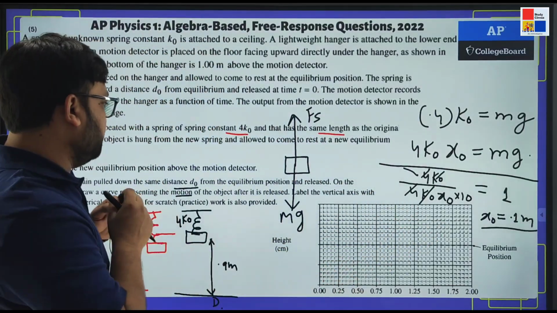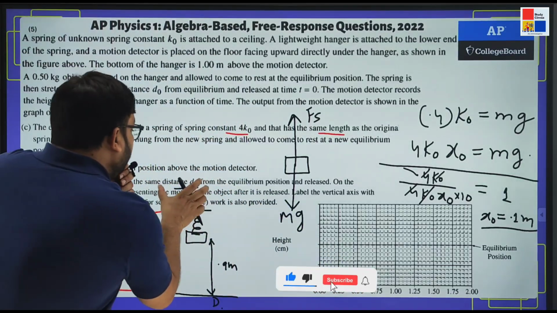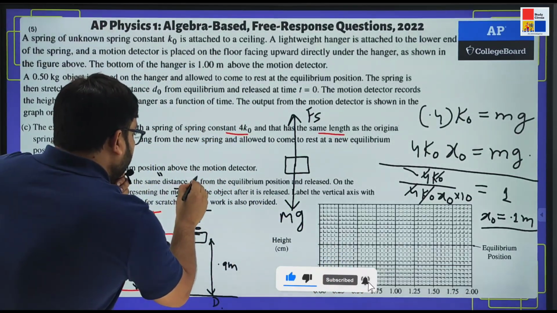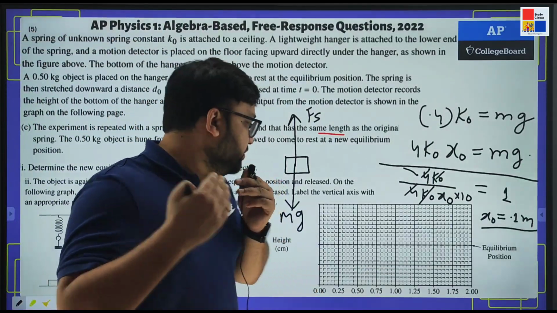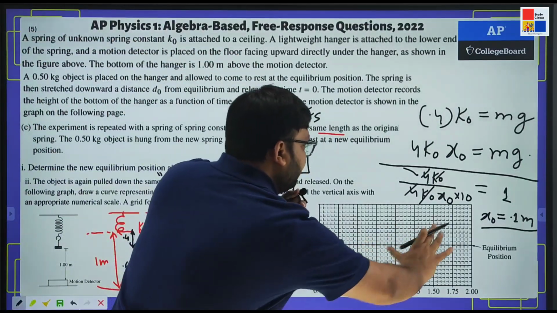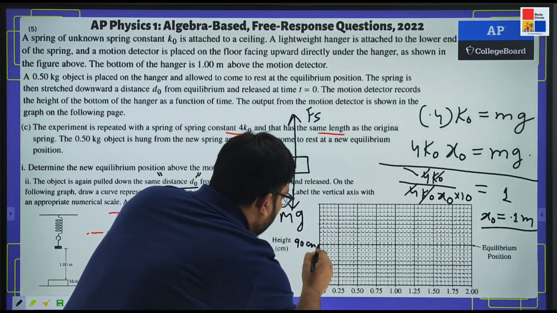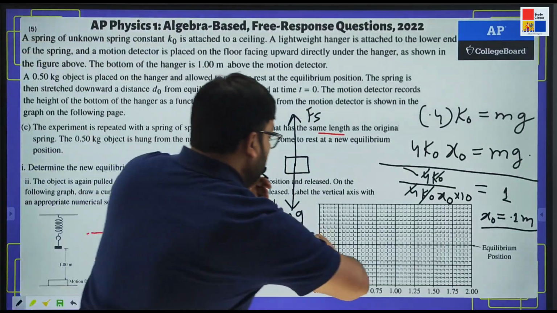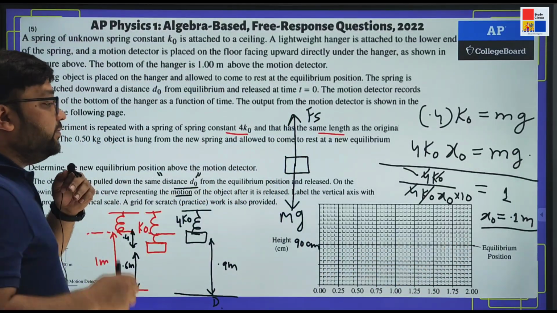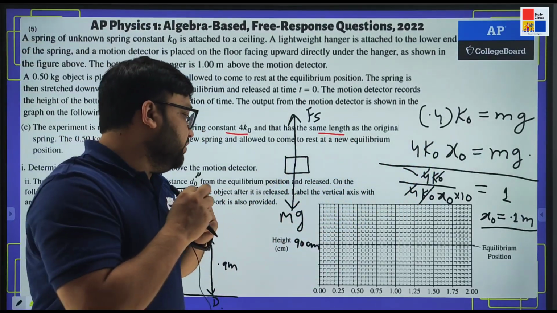Since we are pulling it down the same distance d naught, the amplitude is still going to be the same. The mean position we just found is the 90 centimeter mark. Earlier the equilibrium level was at 60 centimeters; in this new situation, it is at 90 centimeters.